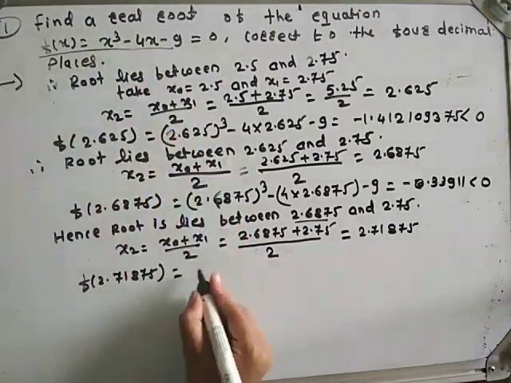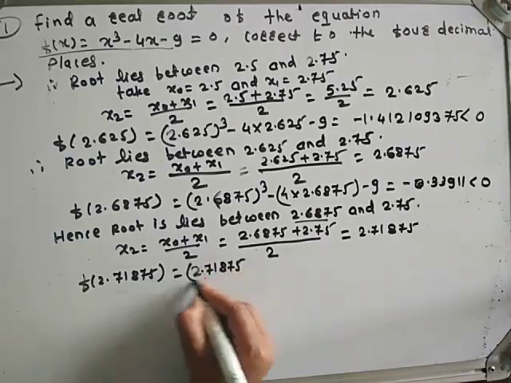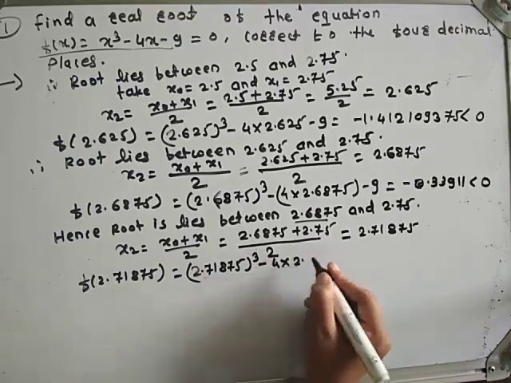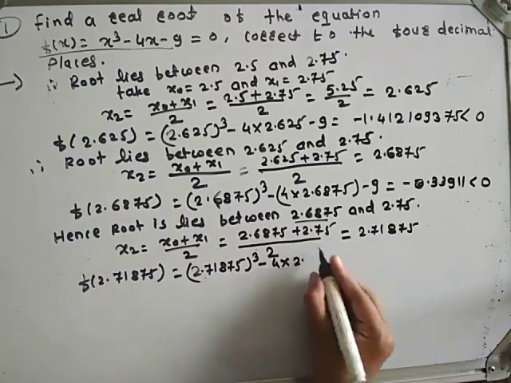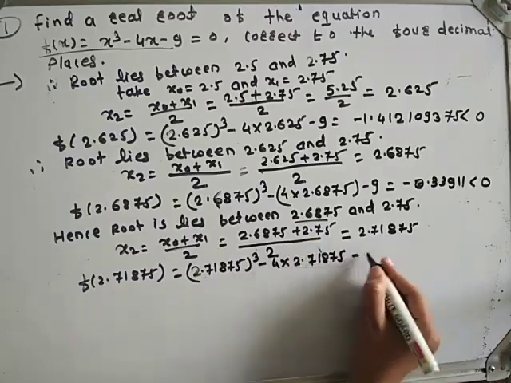2.71875. x cube, that is 2.71875 cube minus 4 into 2.71875 minus 9.